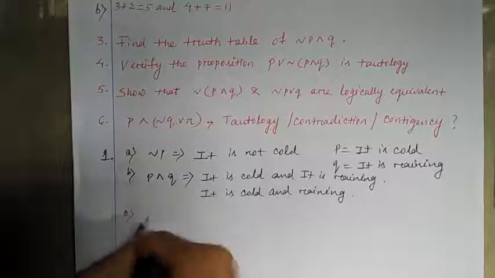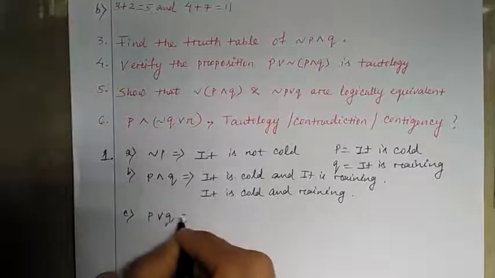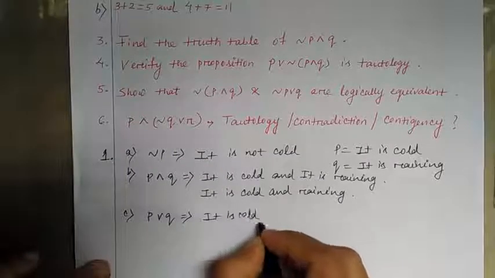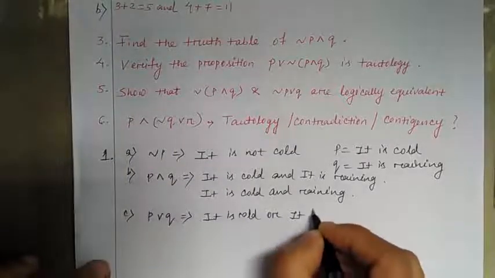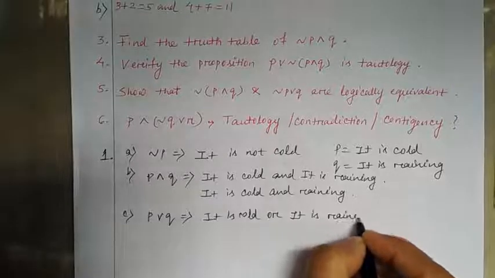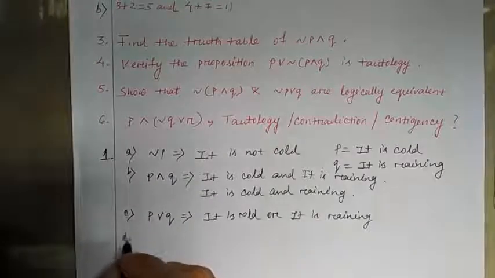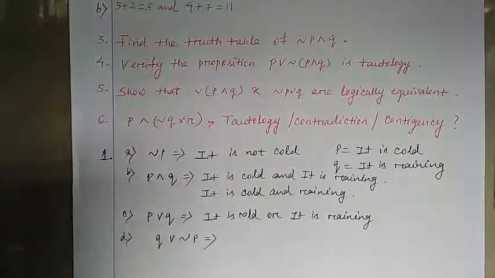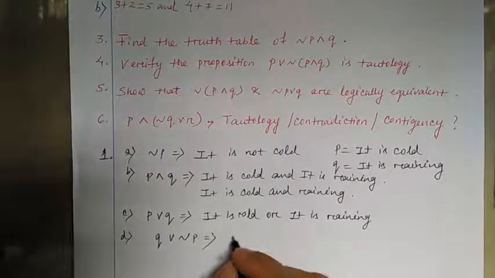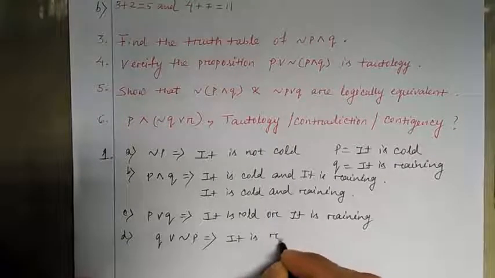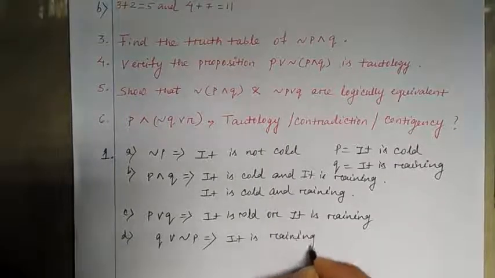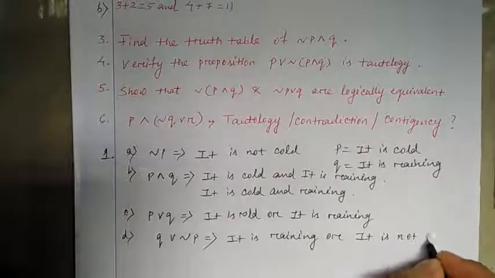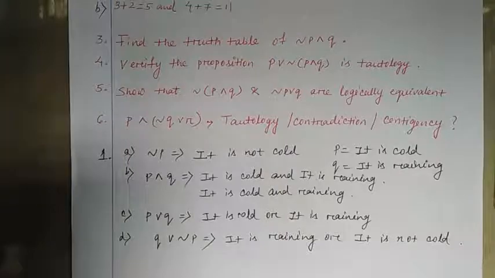Then next is P or Q. So what will be the answer? It is cold or it is raining. Okay. Next is Q or negation P. So what is Q? It is raining or it is not cold. So these are the answers.